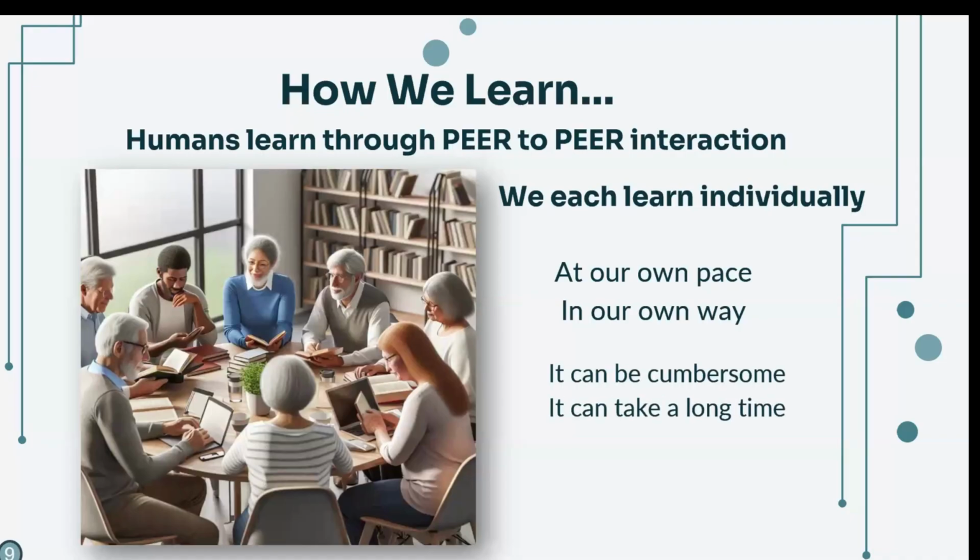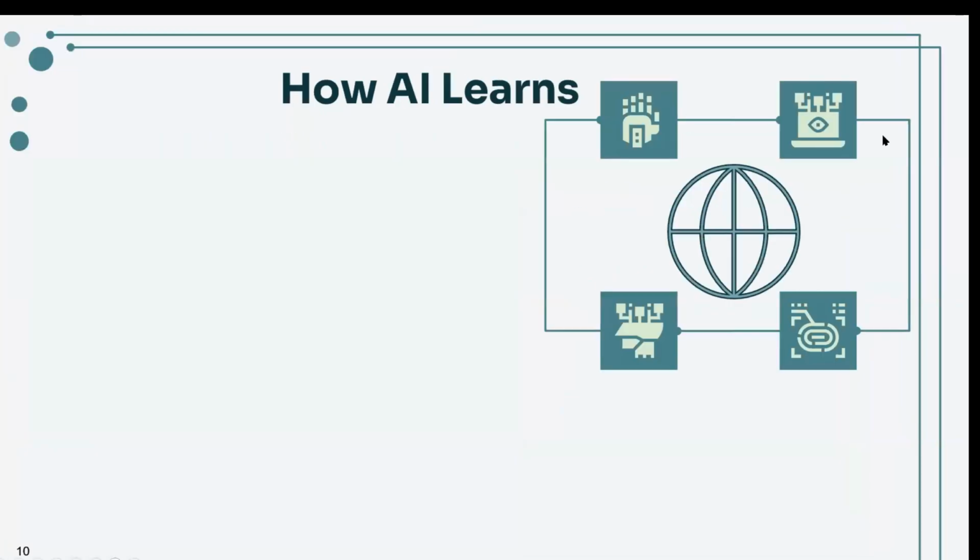I've had people take this class multiple times, and each time they learn something new and build upon that. So that's how we learn, peer-to-peer, one-to-one. Like today, it's 1 to, I think, 27 or 30, but it is still me speaking and you interpreting what I say. So it's that one-to-one, peer-to-peer learning.